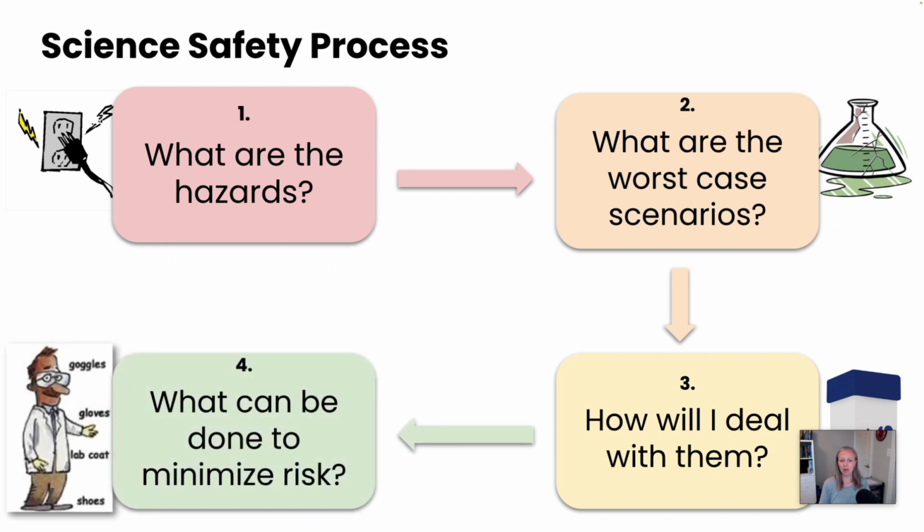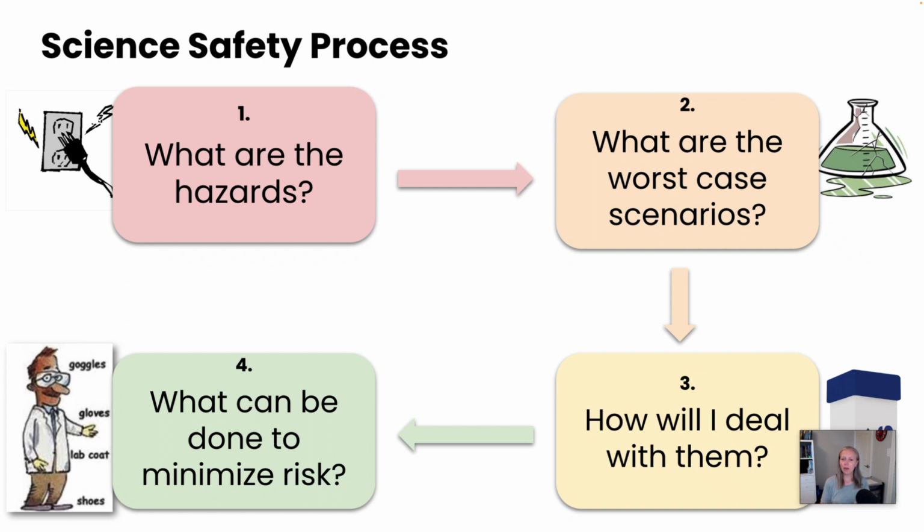Finally, you want to think about how you can minimize your risk. Minimizing your risk really comes down to wearing appropriate clothing for labs, wearing all of the protective equipment, familiarizing yourself with lab procedures, and generally keeping your area clean and tidy.